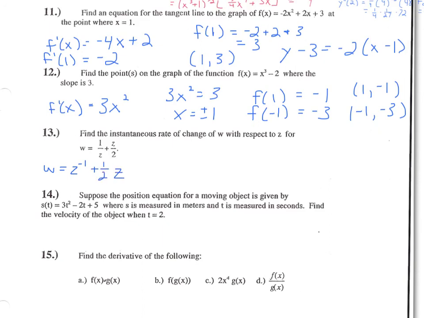And that should be a little bit easier to take the derivative of. So w prime will equal negative z to the negative 2 plus 1/2. And then just to rewrite it with no negative exponents, we'll have negative 1 over z squared plus 1/2.